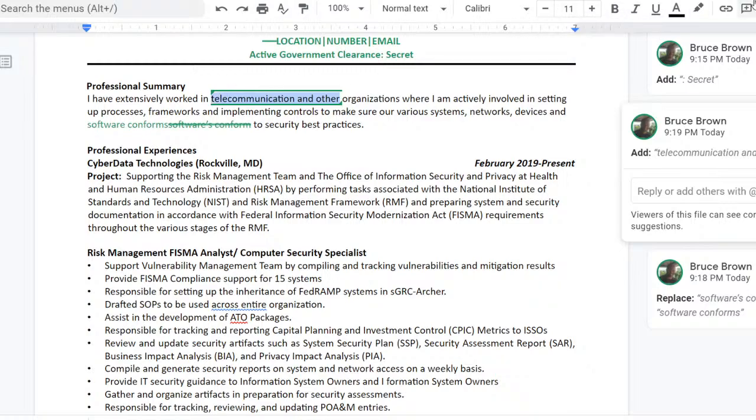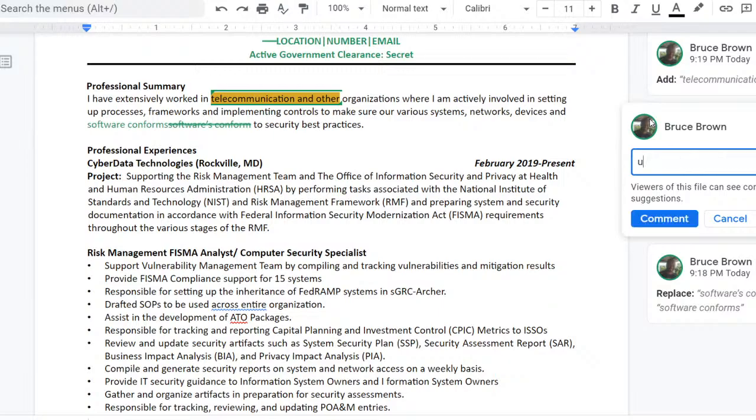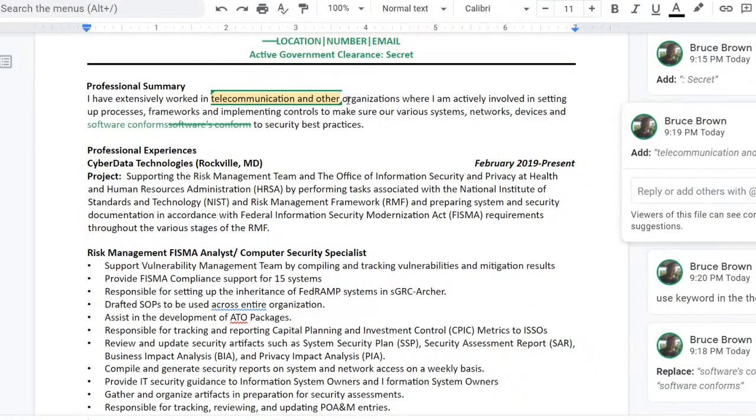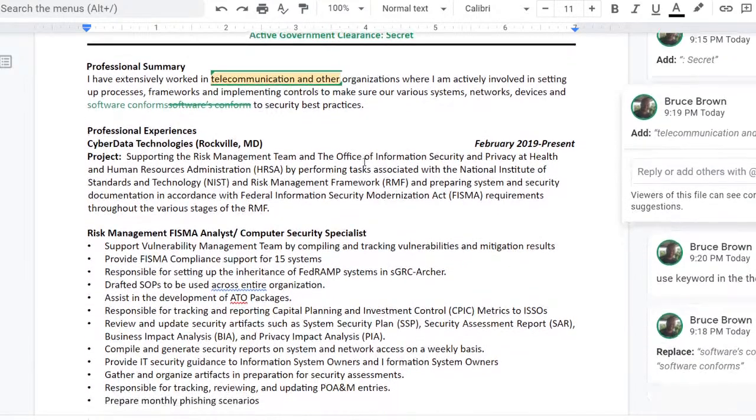So I just want to tell them to use keywords in the summary. Just my 2 cents of what I would do personally. And other organizations. Like if he also worked for telecom and aerospace, I would put it in there.